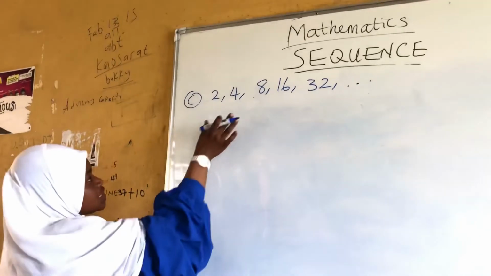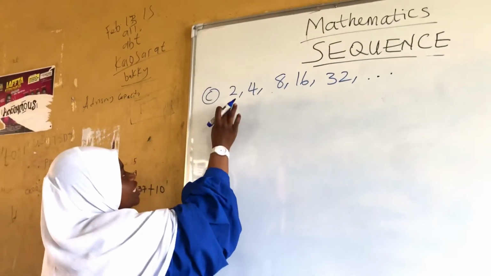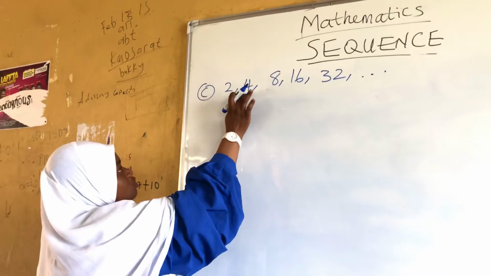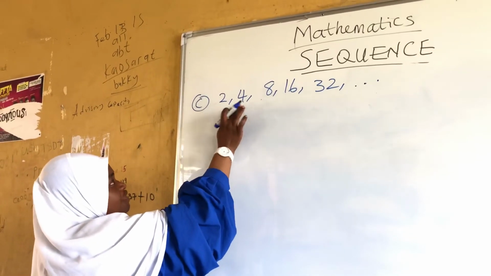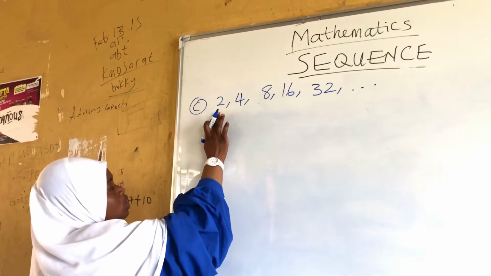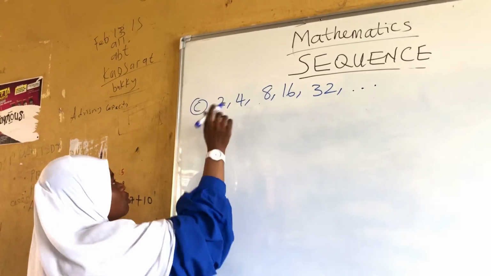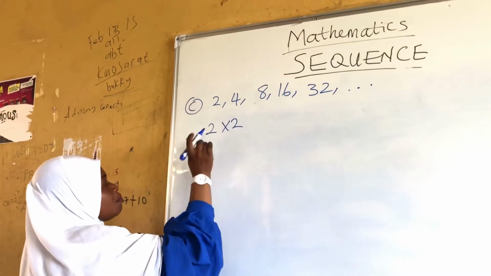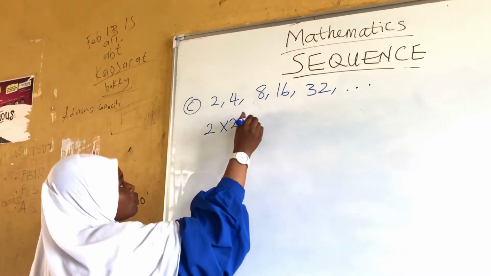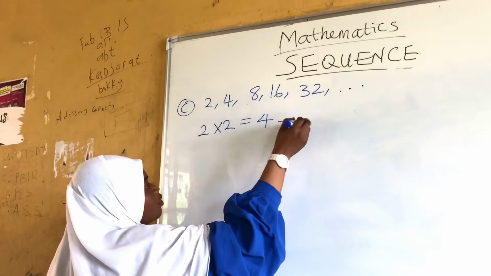Now, from these numbers, we can see that to get 4, we can multiply by 2. To get 4, we can also add 2 to this one. So let's go for multiplication. So 2 times 2, that is the first term multiplied by 2, gives us the second term. 4 is the second term.